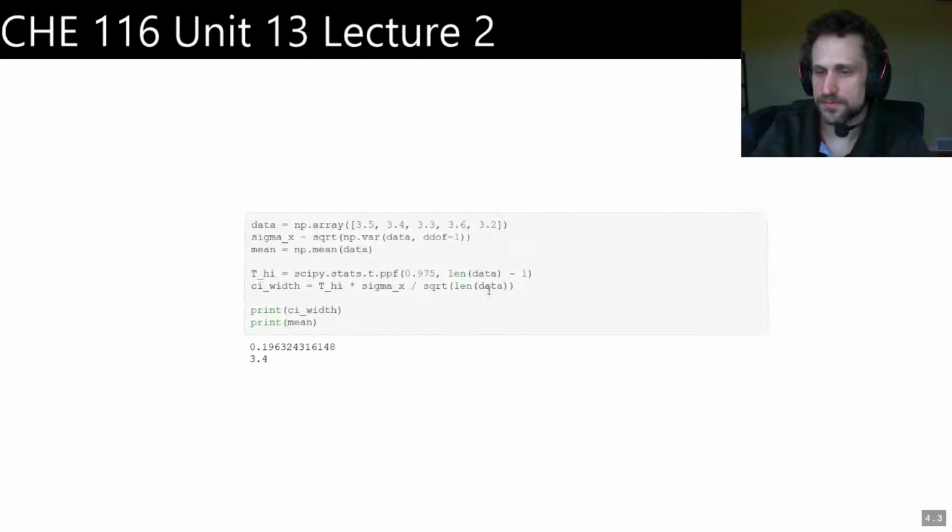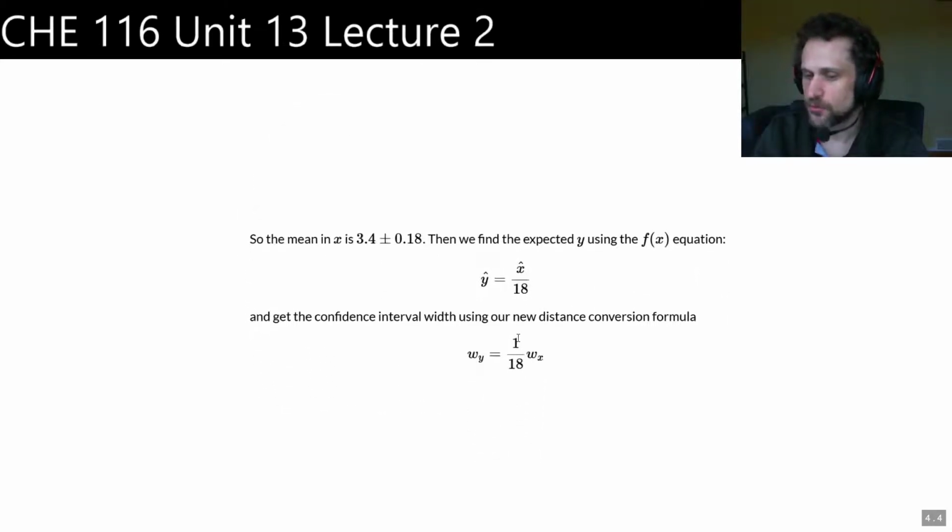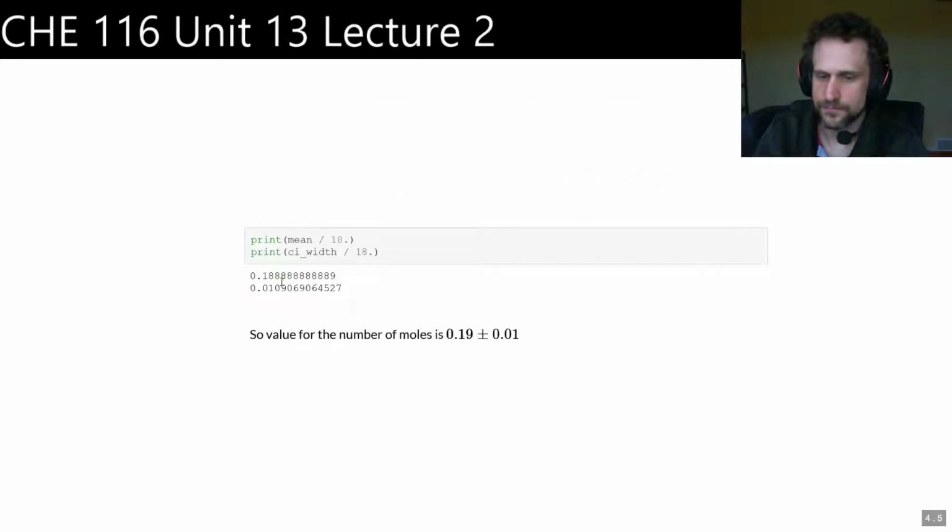Then I multiply the 1 over 18 times my width of x, or my uncertainty in x. So it's 1 over 18 times the confidence interval width of x, and that will give me the confidence interval width of y. So the number of moles is going to be 0.19 plus or minus 0.01. Okay.